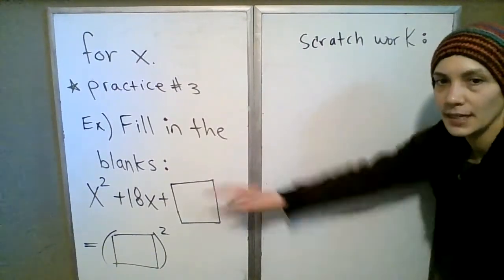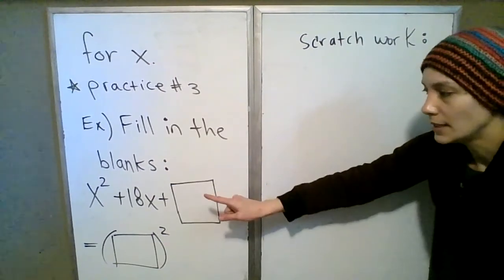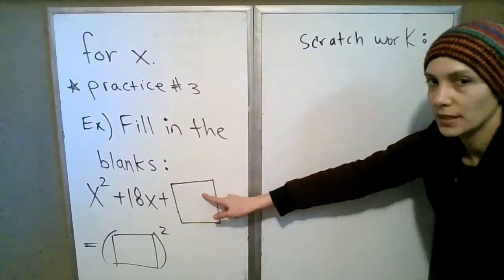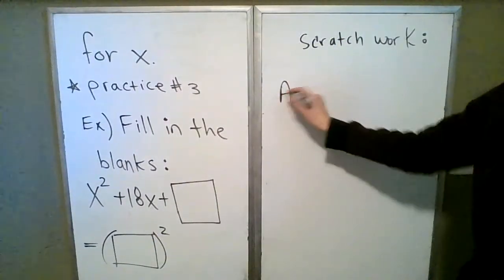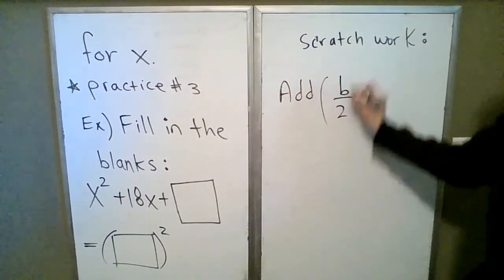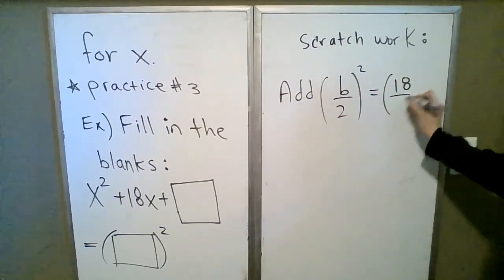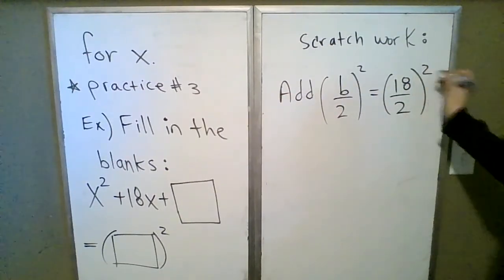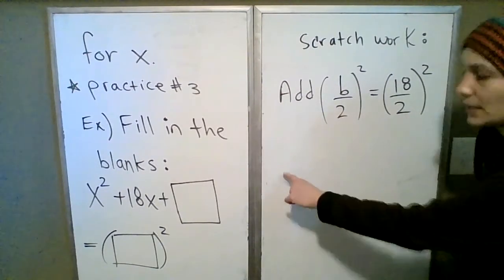Okay, the number that you need to add to complete the square is b divided by 2 squared, and b is this number 18. Simplify this, it's 9 squared.